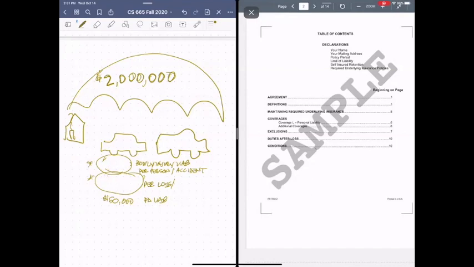And on your auto policy, I'm going to require you to carry at least $250,000 worth of liability coverage per person, $500,000 per accident, and I don't remember what the property damage one is. I think it's $100,000 that they require. And this is their underlying limit requirement. And on my home, I have to cover at least $300,000 worth of liability coverage. What do you think is the most common liability claim from a homeowner's policy?